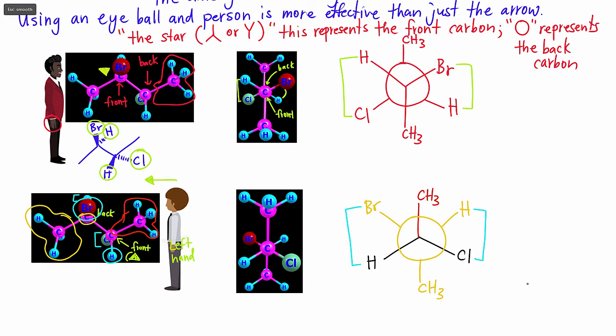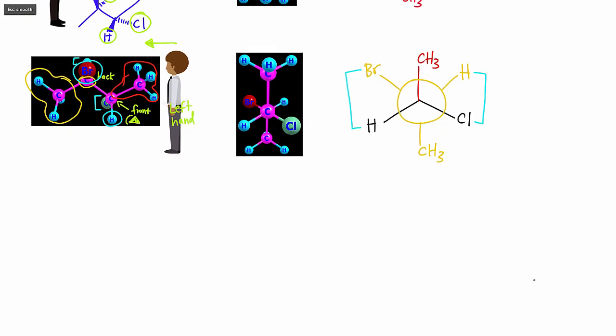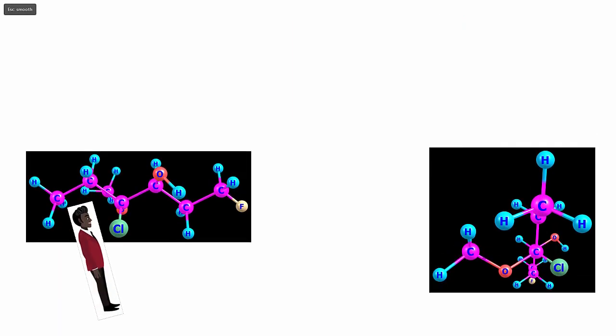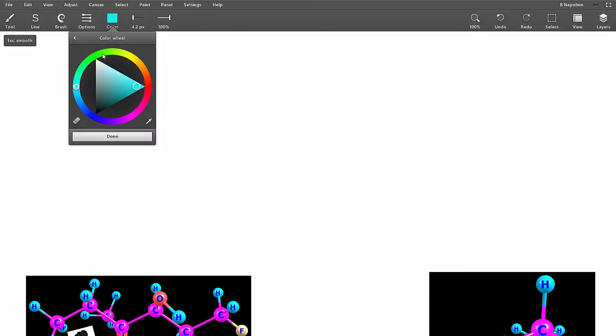Now, we're going to do one more complicated situation. It's not really complicated, but it has a little bit more atoms and substituents. So let's draw this molecule like this. Let's say 2, 3, 4, 5, 6.